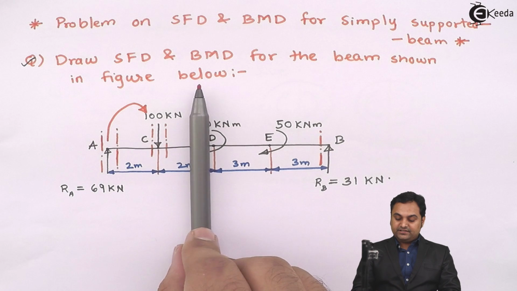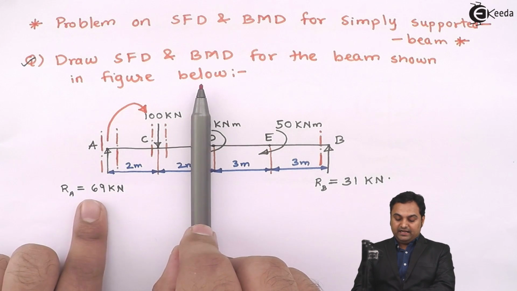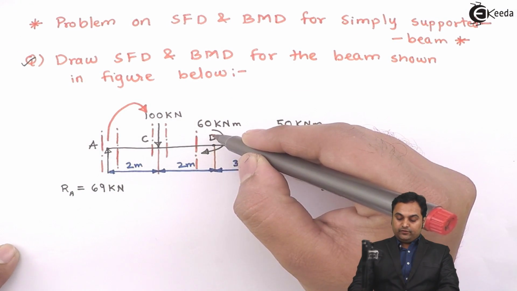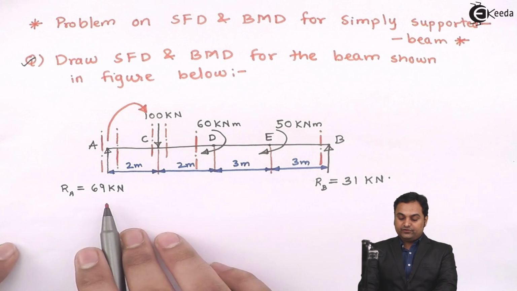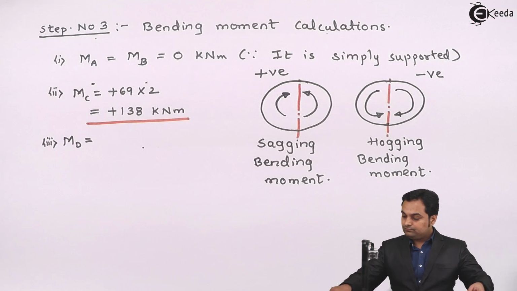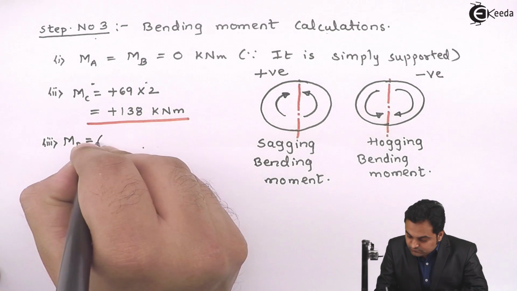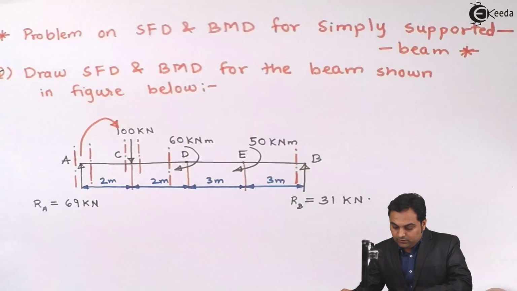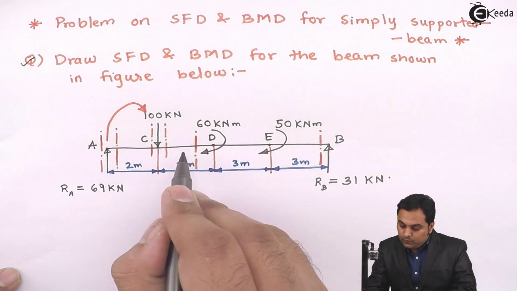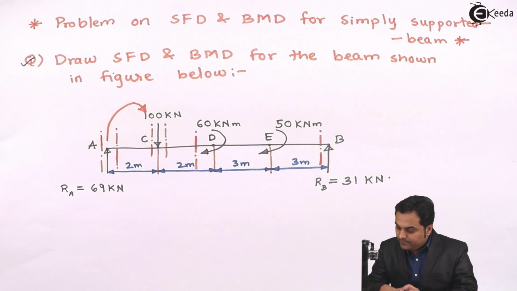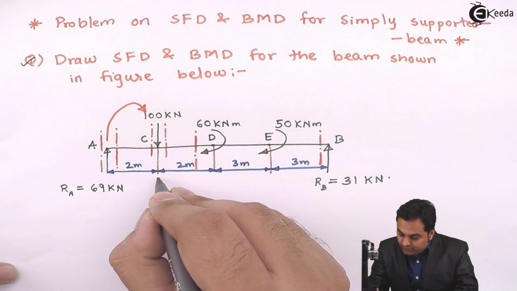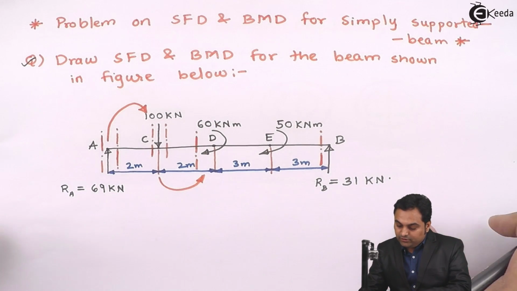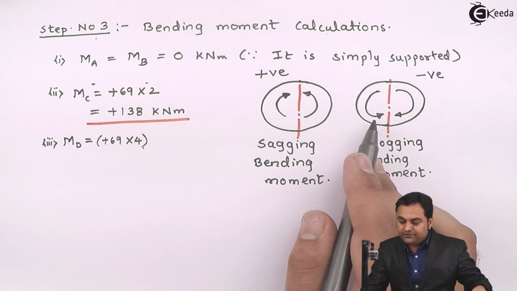So when I am taking this section, we have two forces here. First RA. RA is producing again clockwise moment at point D. So to the left clockwise is positive. So 69 into 4. Then to the left of this section we even have 100 kilonewton and it will be producing anti-clockwise moment at point D. So to the left of the section, anti-clockwise moment is treated negative.